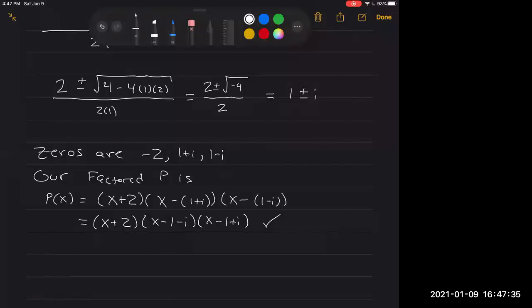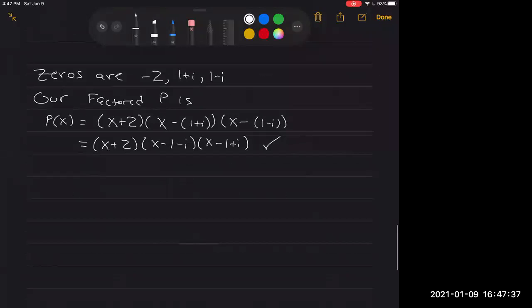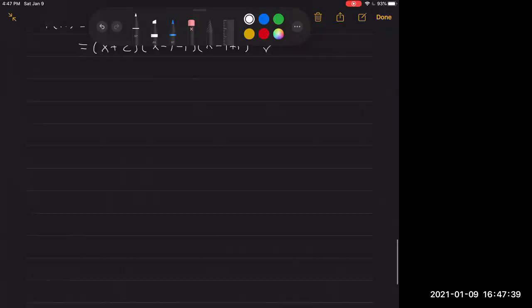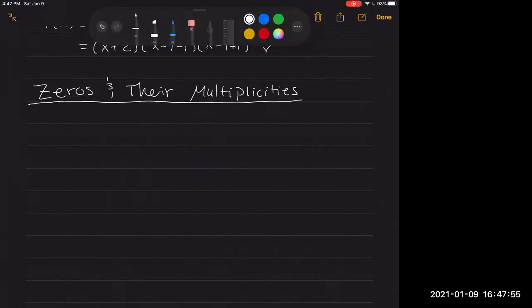Okay, and then moving on from here, we're going to talk about zeros and their multiplicities. So first we're going to define multiplicity.